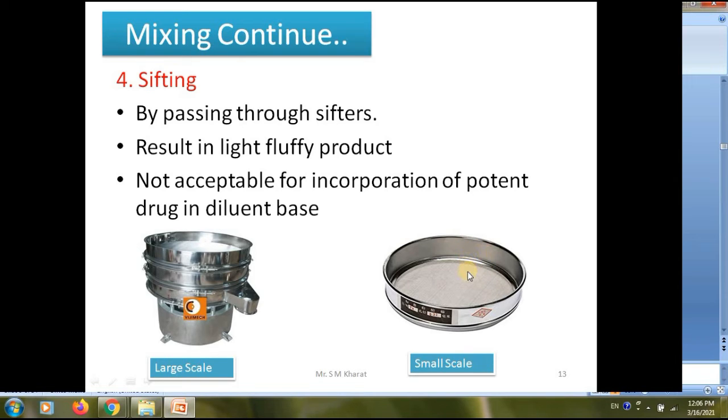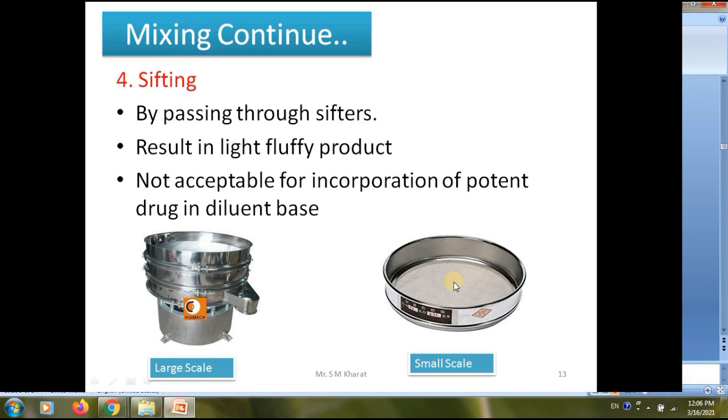What we do in this is, the powder we have to pass through the sifter, we keep it over this sieve. After that we provide a gentle shaking, right? With gentle shaking, the particles with smaller size will pass through this mesh and we will obtain them below the sieve, and the particles with larger size will remain at the top of the sieve.